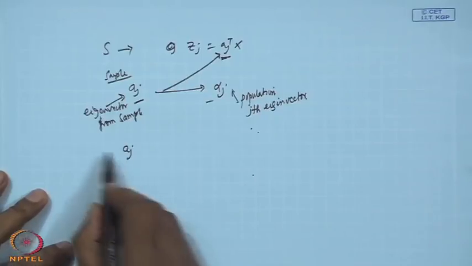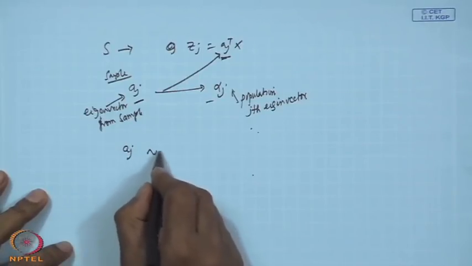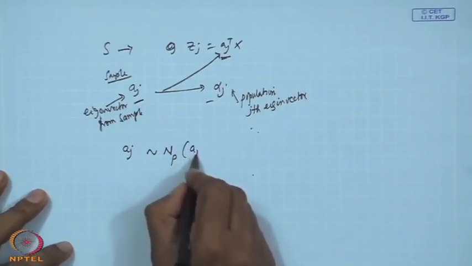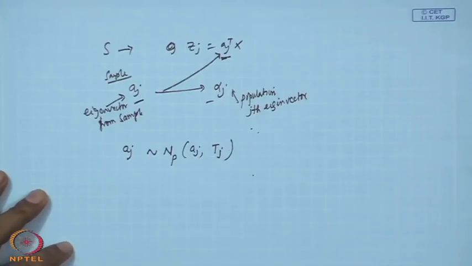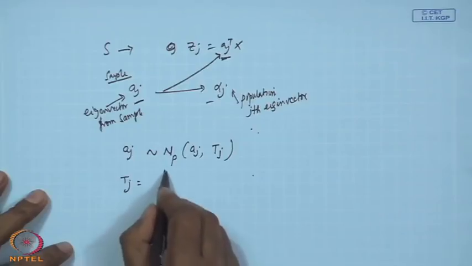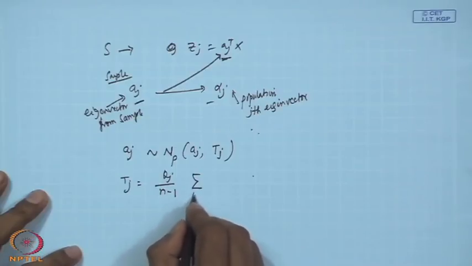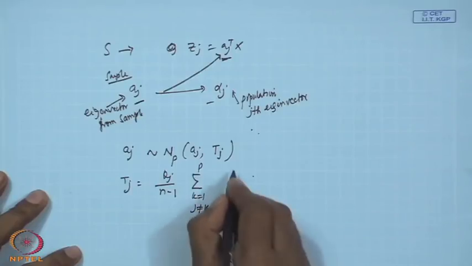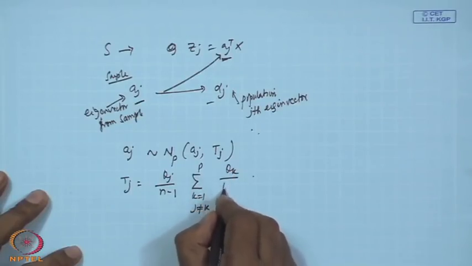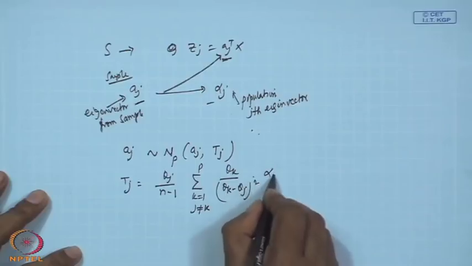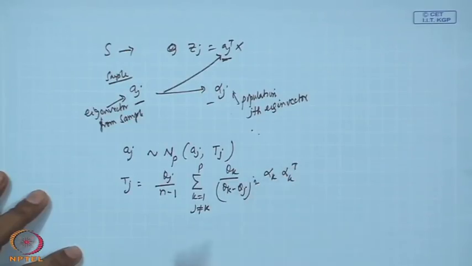What it says is that the eigenvector you compute follows a multivariate normal with Aj and Tj, where Tj is theta j by n minus 1, sum total over k equal to 1 to p, with k not equal to j, of theta k by (theta k minus theta j) square, times alpha k alpha k transpose.